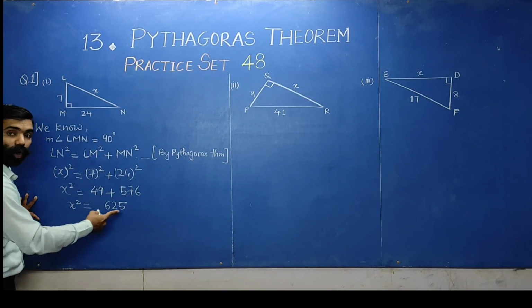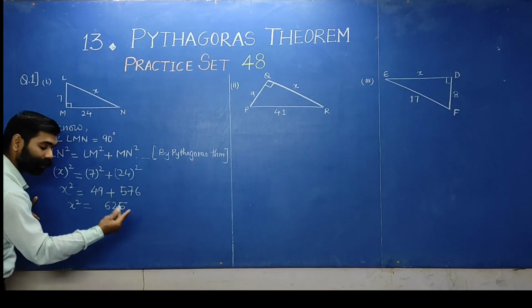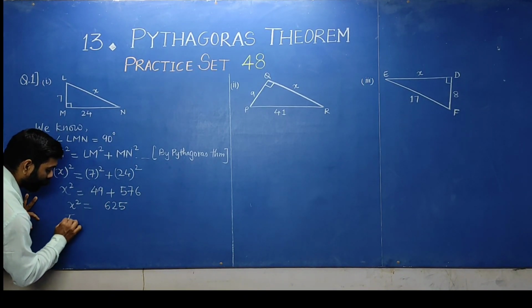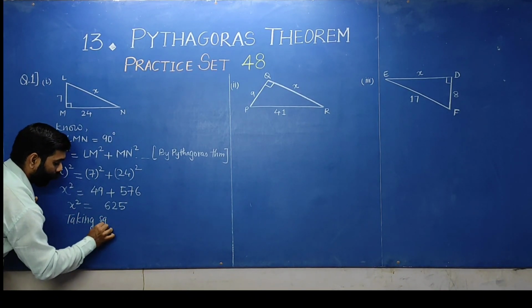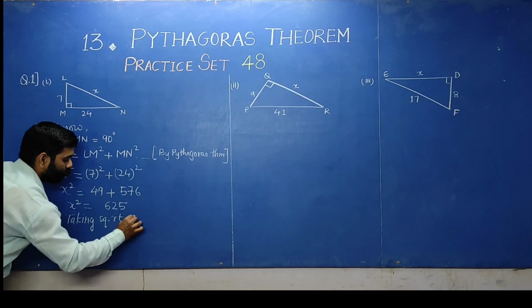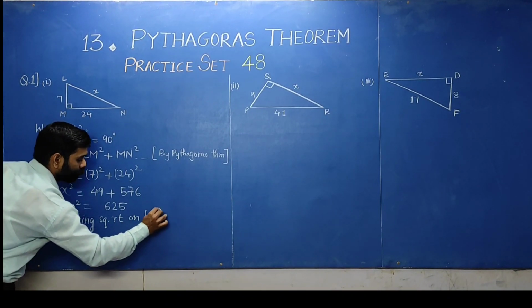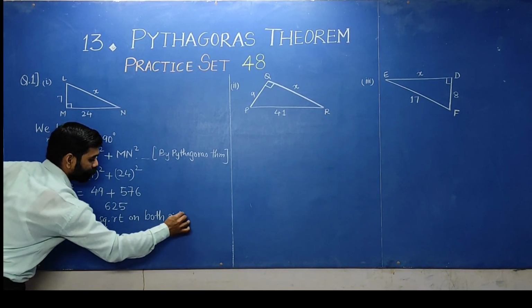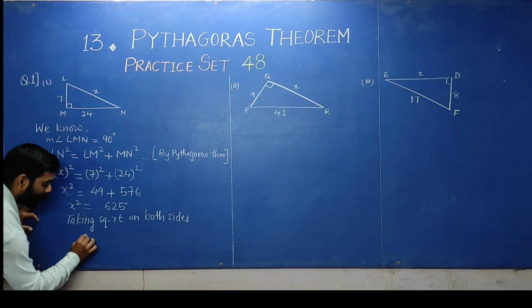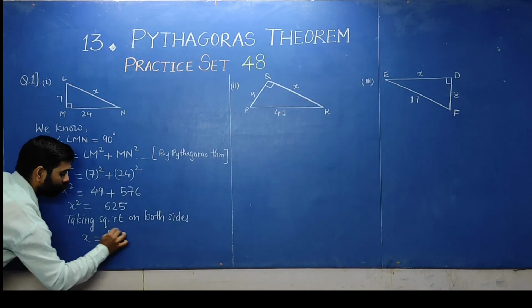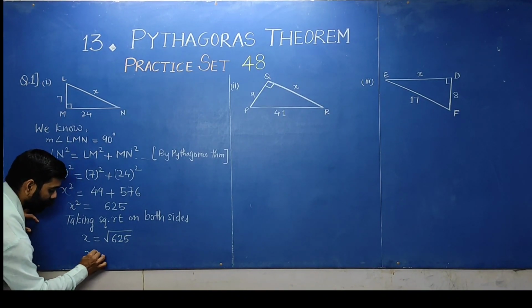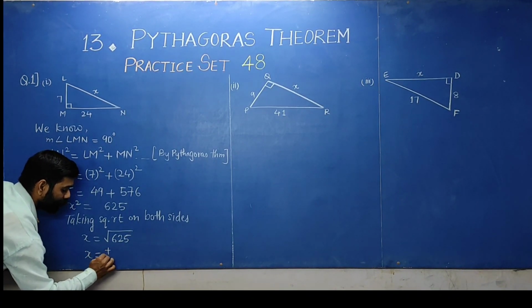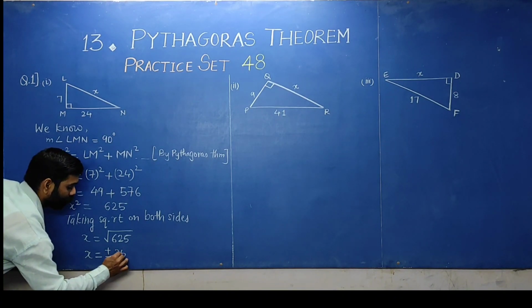Now taking square root on both sides, we will get the value of x. So we will get x is equal to square root of 625. x is equal to plus minus 25.